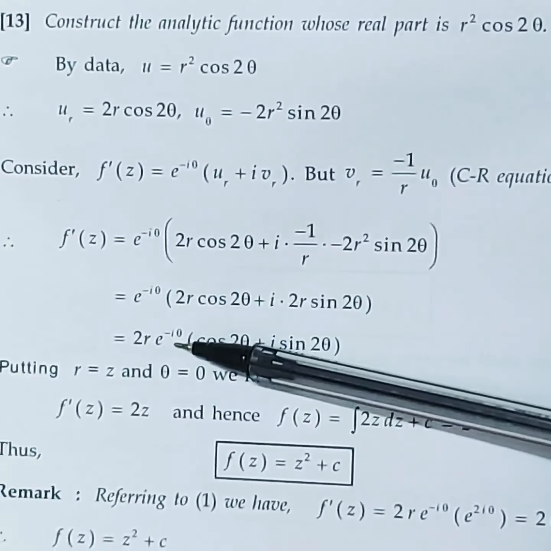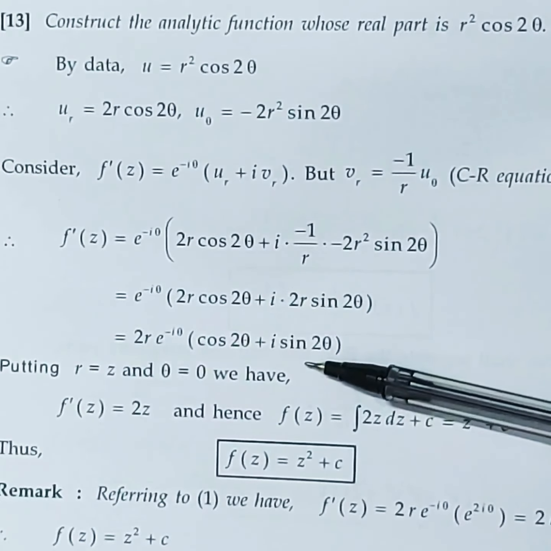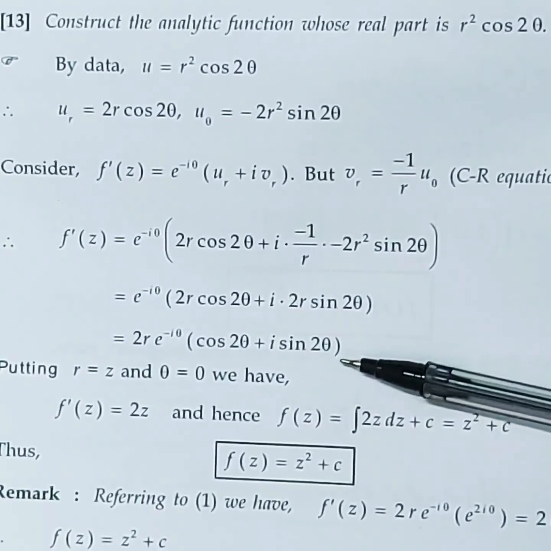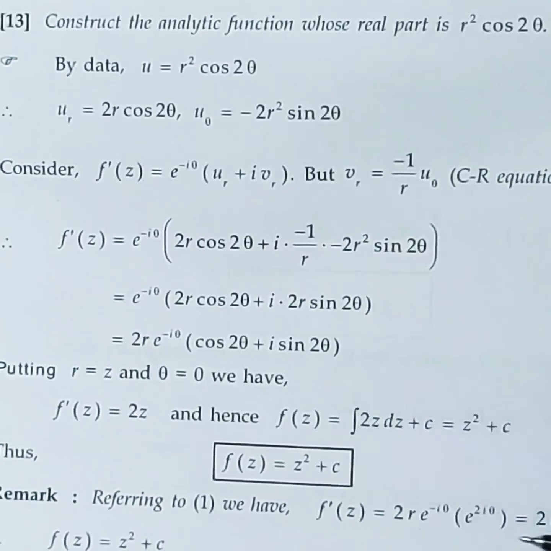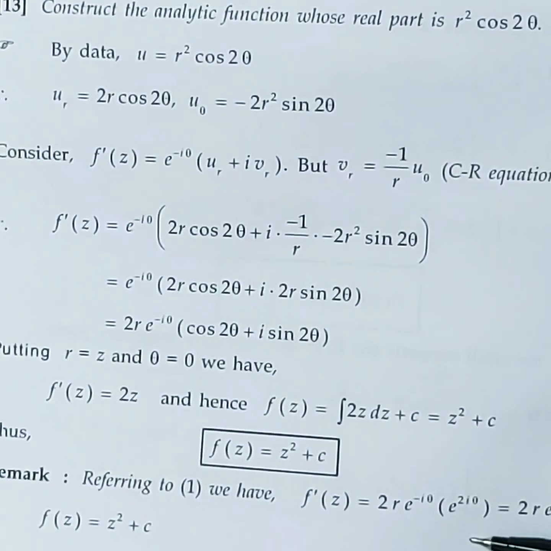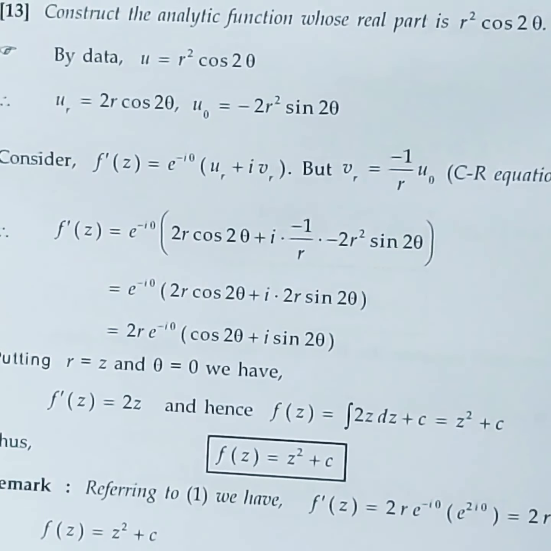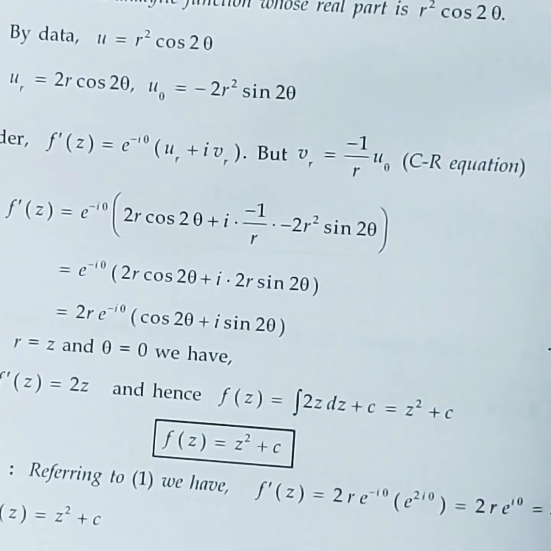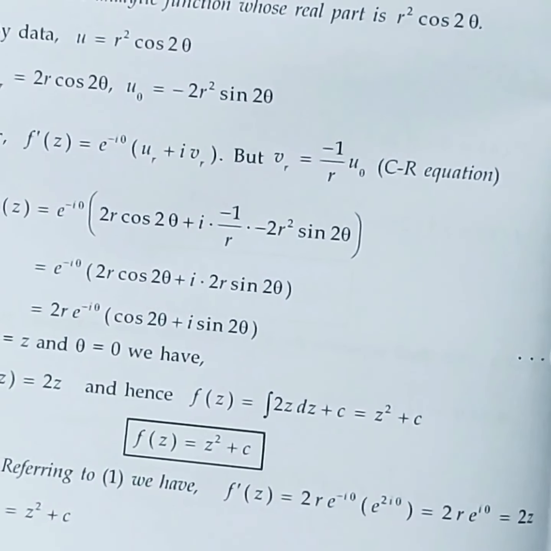So e power minus i theta into e power 2i theta, if you simplify, 2 into r e power i theta, which is nothing but 2 into z. So 2 into r e power minus i theta into e power 2i theta equals 2 r e power i theta, that's nothing but 2z.